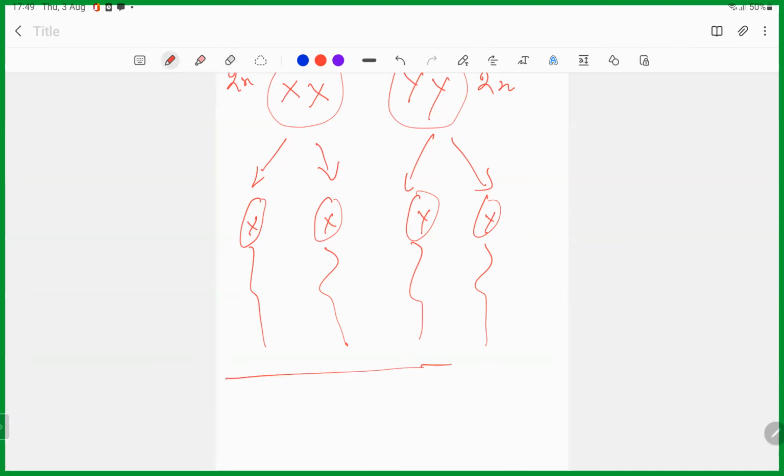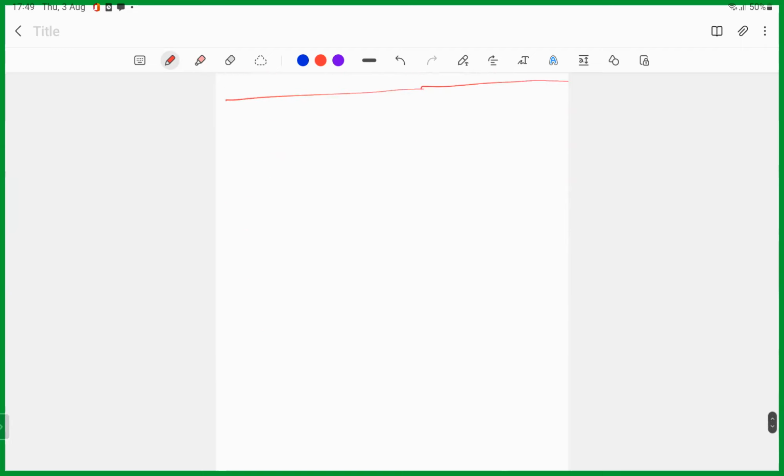And then what are the other terms? Here all the terms, different types of processes, are listed. Please get your book later after the class. So what are the things? Monohybrid cross, dihybrid cross, and then trihybrid cross also.